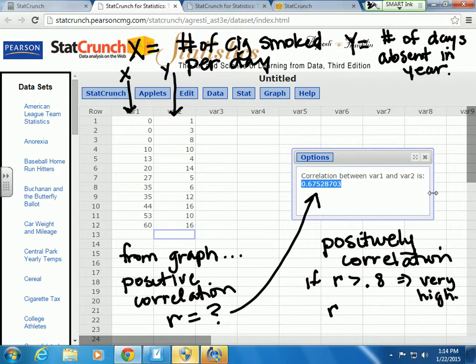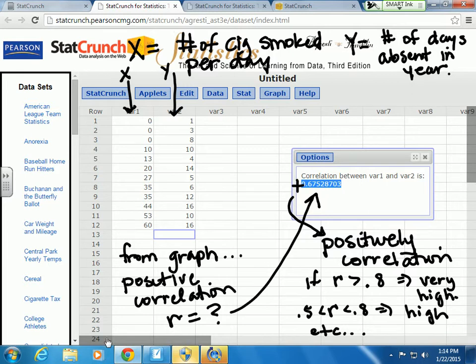If R is between 0.5 and 0.8, we say high, and so on. But I don't want you to worry so much about the adjectives. I just want you to know that because this is a positive number, it's positively correlated. That's what's key for you to do.